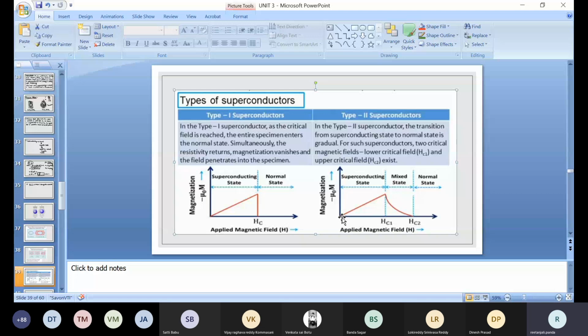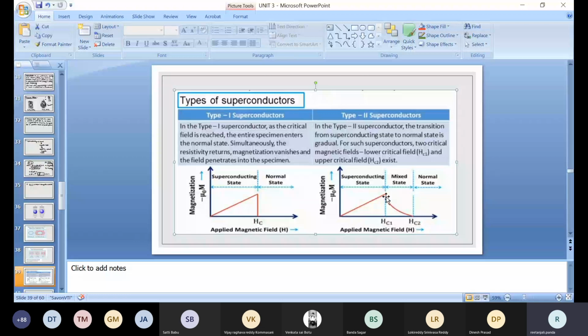But in case of a type 2 superconductor, when the material passes through the applied magnetic field at the lower critical magnetic field, the magnetization will start to reduce and then become 0 when it reaches the upper critical magnetic field. So here we see the gradual reduction in the magnetization from Hc1 to Hc2.